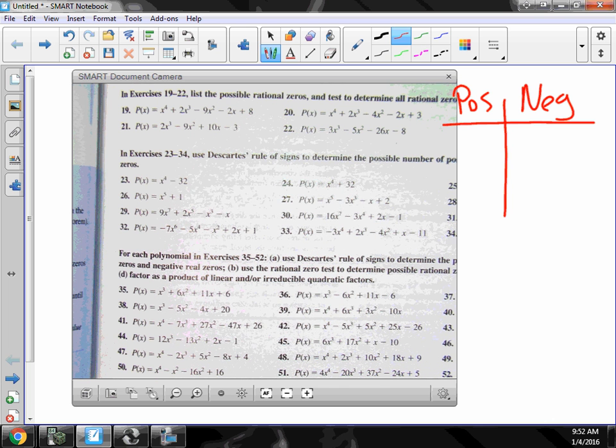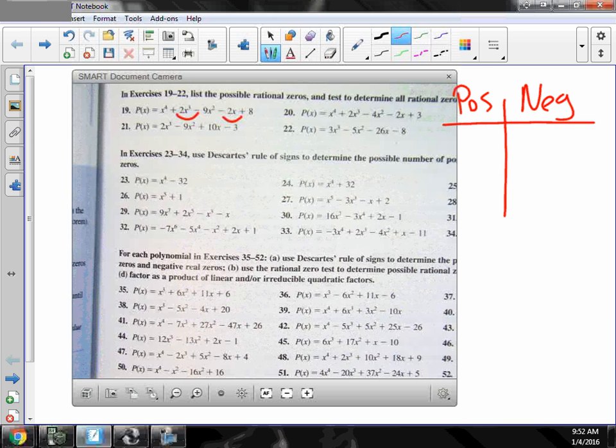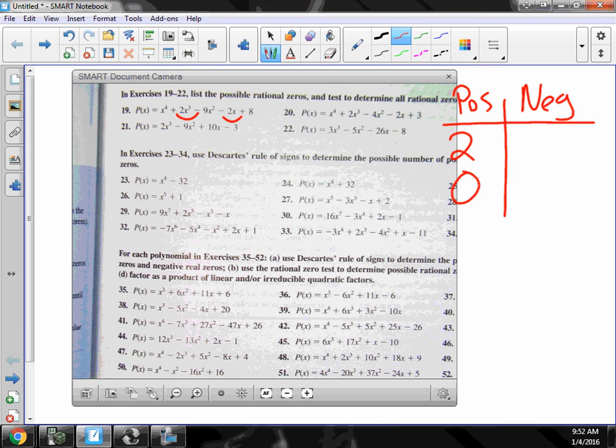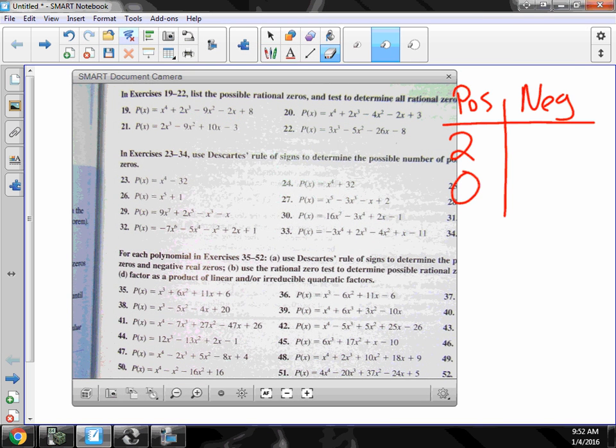So there's a sign change and there's a sign change. So the positive roots would be 2 or 0. Because you take the number of sign changes and then you subtract by 2 until you run out of roots. Okay? Now we have to go through and plug in negative x.